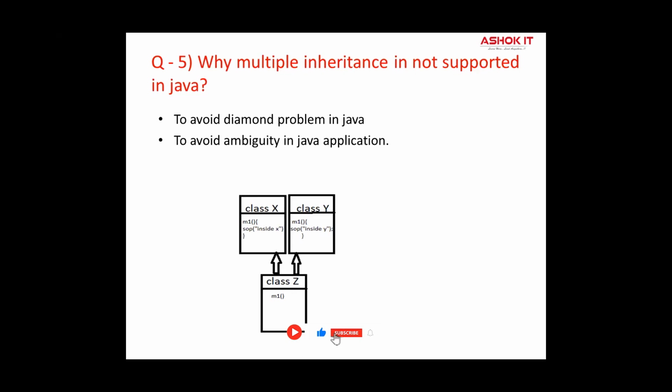So at that time, the Java compiler cannot decide which yum1 method it should inherit. So it creates ambiguity. To prevent such a situation, to avoid this diamond problem, to avoid this ambiguity, multiple inheritance is not supported in Java.